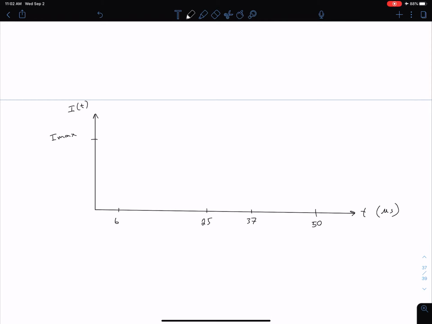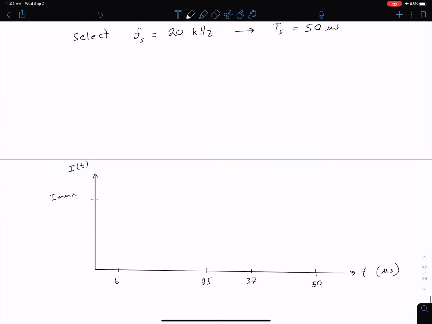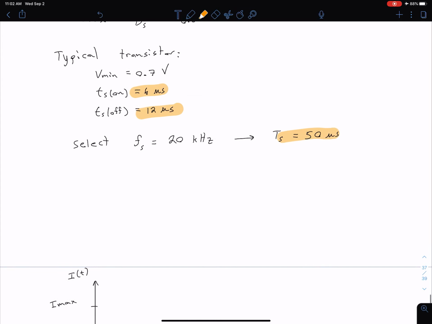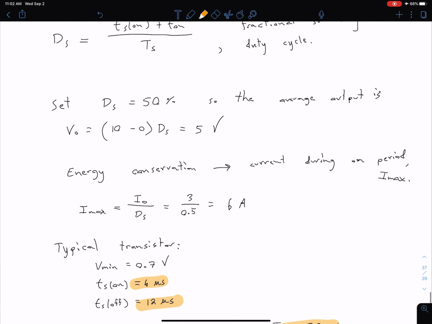We'll see why those are relevant numbers in a second. Basically, we want to focus on these values right here, and of course this right here, and our fractional duty cycle of 50%.